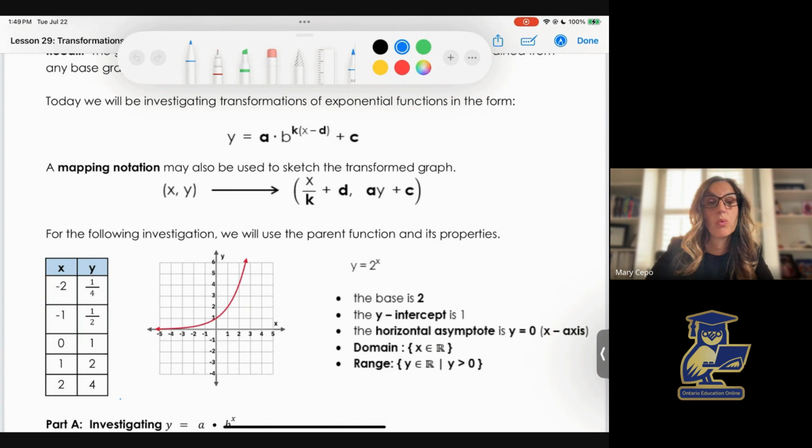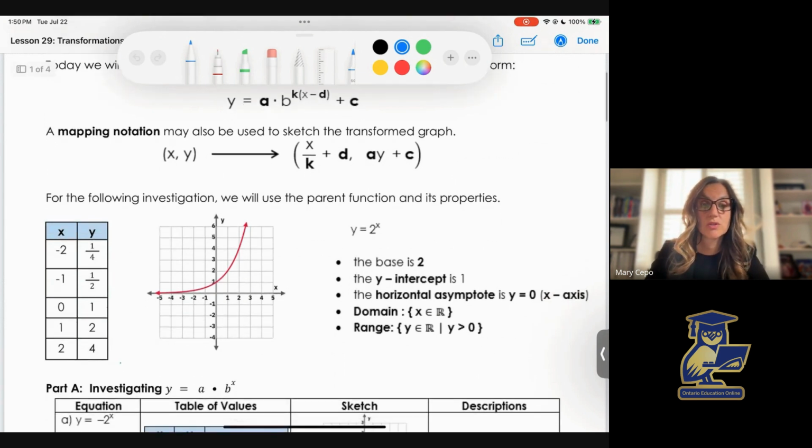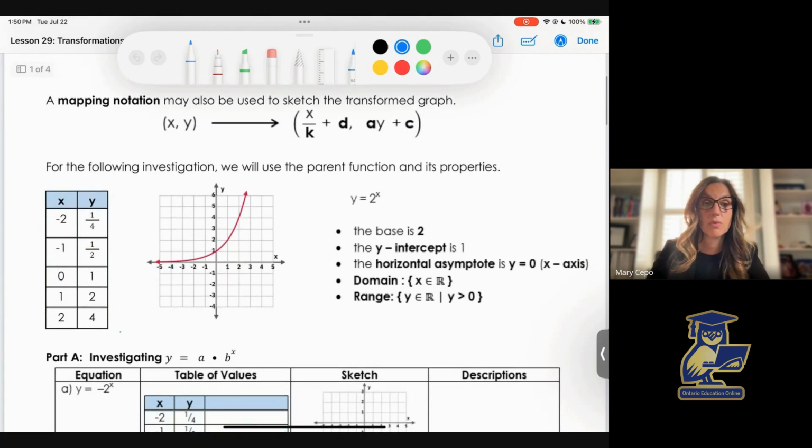And using mapping notation, we can sketch the transformed graph, as long as we identify what the a value is, the k value, the d value, and the c value. Just like the prior functions, the k and d impact your x coordinate, and the a and c impact the y coordinate.